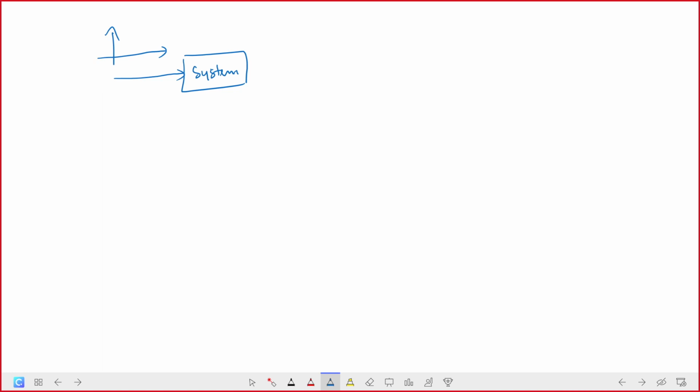Let's say we design a controller such that we have a complete feedback system like this. This system can be represented by a differential equation, an ODE, ordinary differential equation. Here is input u of t, here is output h of t.